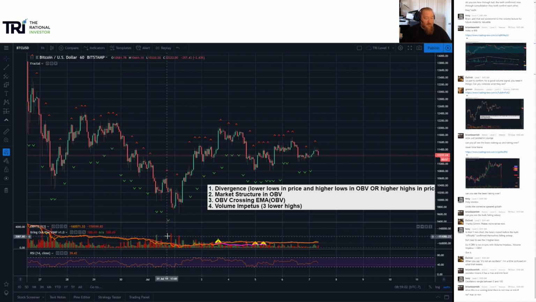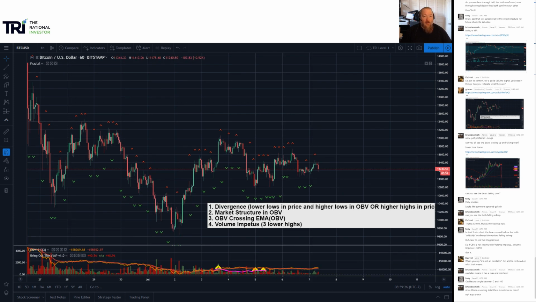Compare that with OBV. OBV is based on the raw volume, so it's not bounded by anything. It can go down to negative 999 million or whatever. It can go to positive 12 trillion. There's no boundary as far as that's concerned. And that's what I mean by an oscillator.